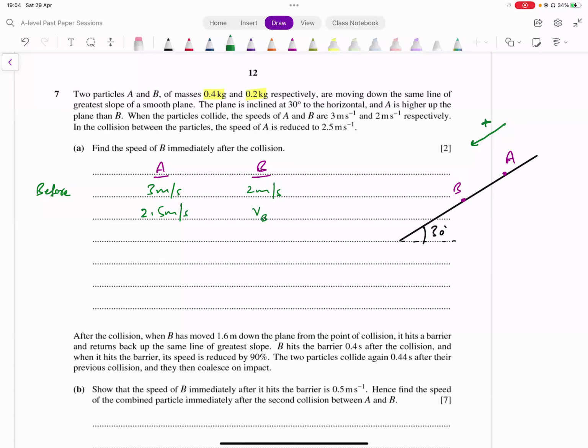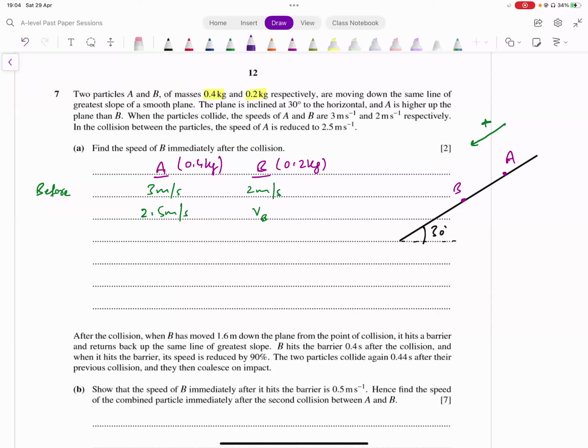Okay, let's apply conservation of momentum. Momentum before collision is equal to momentum after collision, right? So that's what we do. Mass into velocity is the formula that we have for momentum. What is the mass of A? 0.4 kg. What is the mass of B? 0.2 kg. Let's just apply that conservation of momentum.